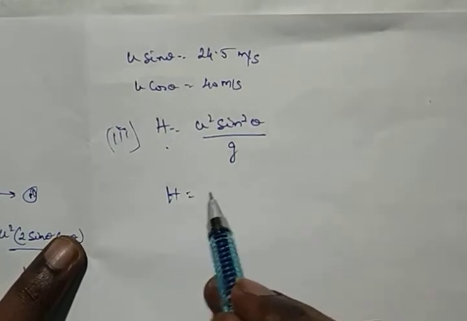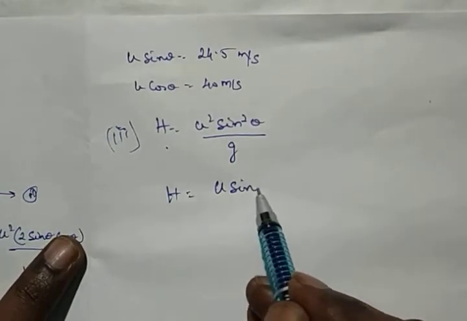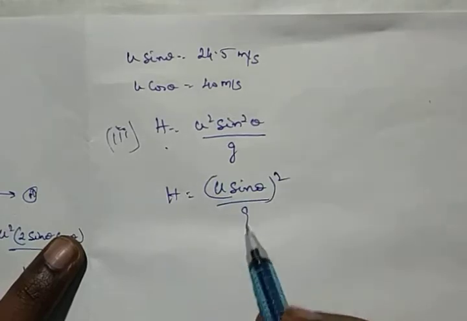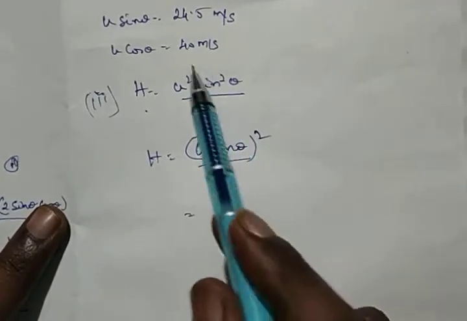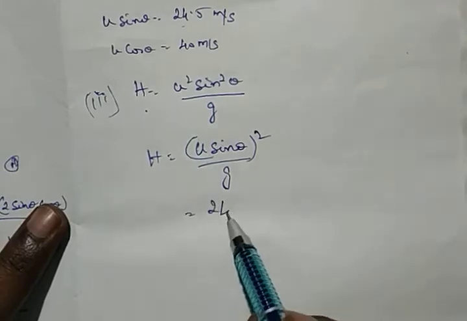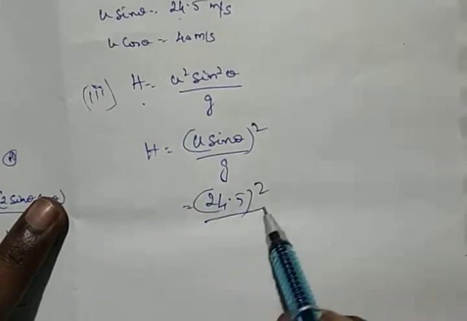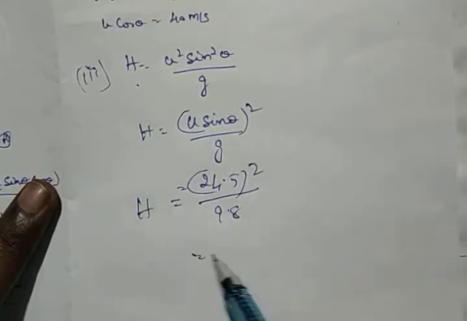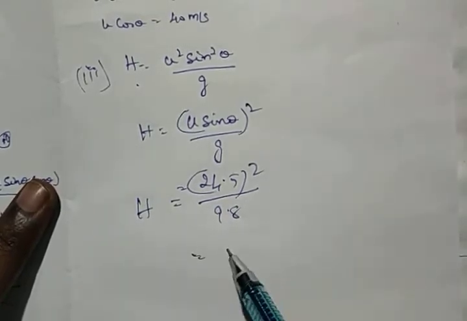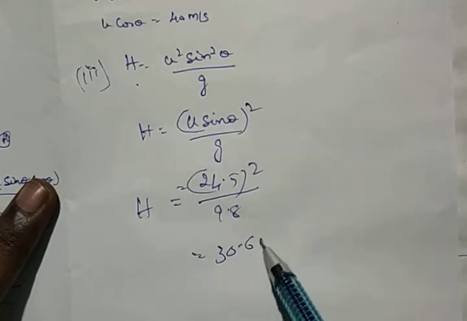So height is equal to u sine theta the whole square upon g, because that's the way it becomes. So what is u sine theta? Already it is there, 24.5 the whole square upon 9.8. That is height. If you do this, you will get 30.6 meters.